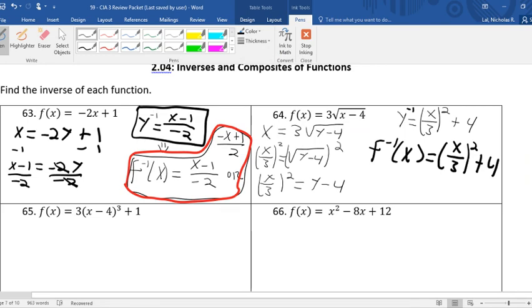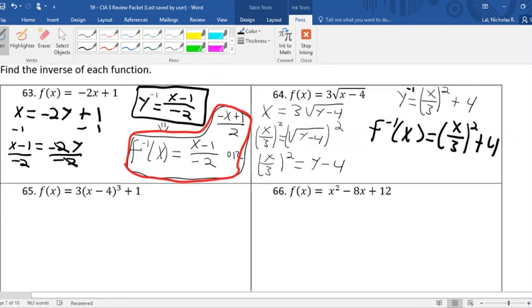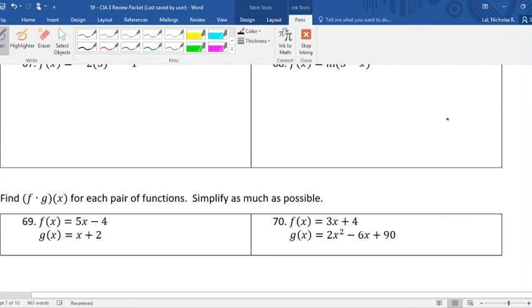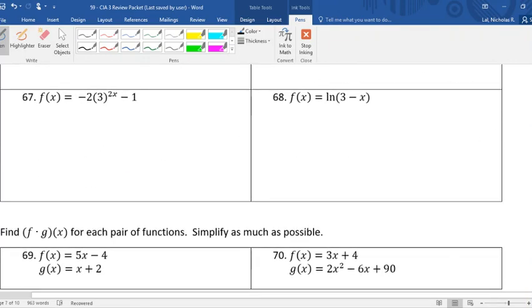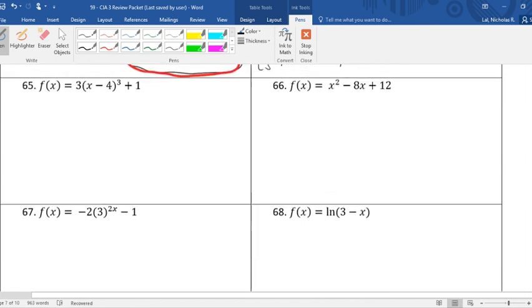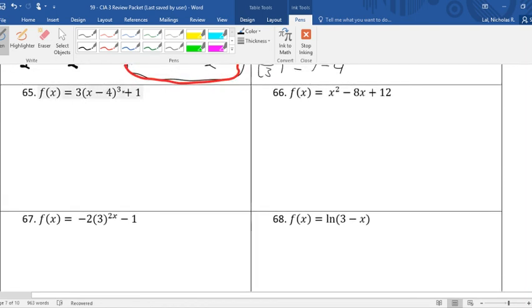Solving for 65, f of x is equal to 3 times x minus 4 cubed plus 1. So x is equal to 3 times y minus 4 cubed plus 1, which means that x minus 1 over 3 is equal to y minus 4 cubed. Take the cube root of each side.